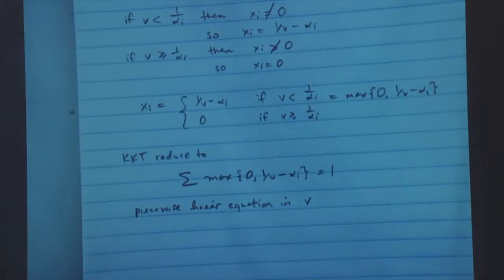And the reason it's called the water filling problem is because you can think of, for example, alpha I as the height, if you look back at this picture, of a bunch of different units from the floor.